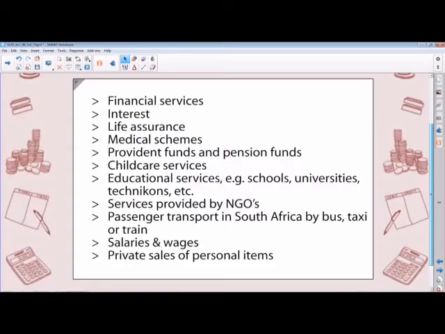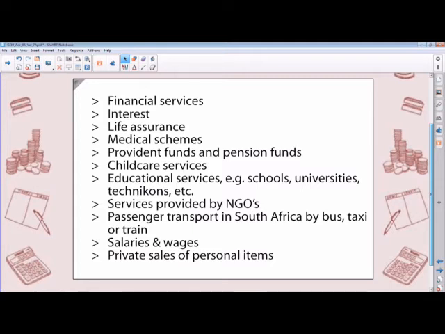Life assurance, medical schemes, provident fund or pension funds, again, an investment form, we won't have VAT on it. Child care services, educational services, for example, schools, universities, technikons and colleges, they won't charge VAT because these products or services are VAT exempt.